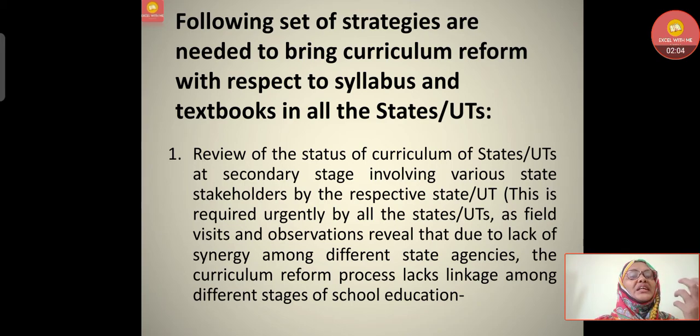Why? Because there was an urgent need for field visits and observation to reveal what is lacking regarding curriculum and syllabus. They have to see what the different state agencies are lacking in the curriculum process, and review the linkages between the different stages of school education.